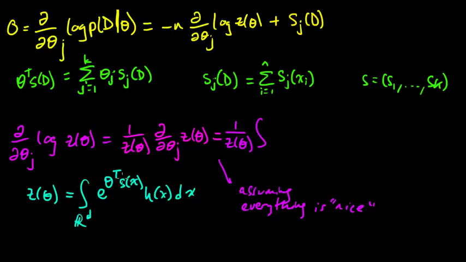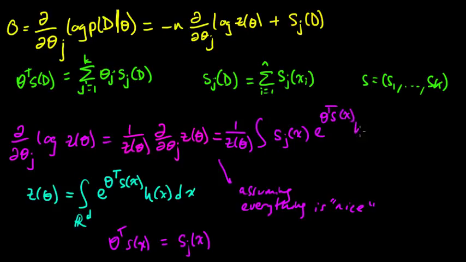So the e to the theta transpose s part stays, this isn't affected, but we get s_j of x, because the derivative of theta transpose s of x, by the same logic as we computed already, is s_j of x, the jth component of this vector valued function, times e to the theta transpose s of x, everything else, h of x dx.